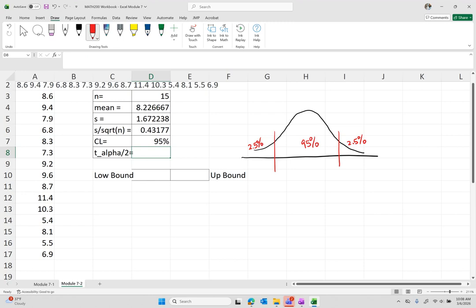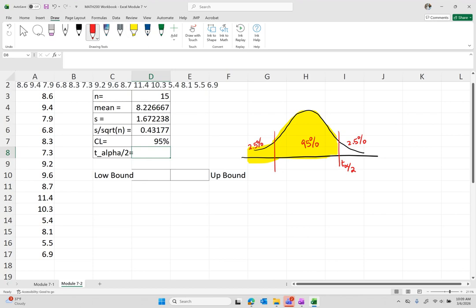And when you're going to try to find the t of alpha halves it will be this one. But in Excel, when you use the inverse function, it needs the area below that value. So it will need this value that it will be calculated from the 95% confidence level.